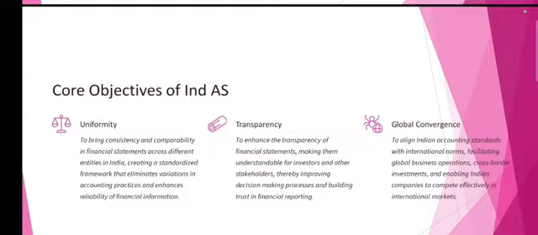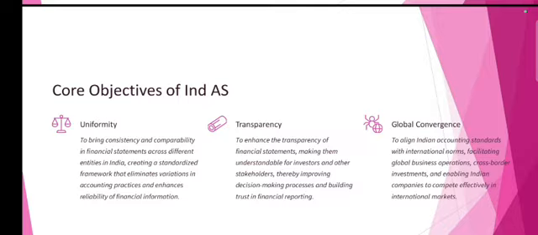The core objective of Ind AS is uniformity, transparency, and global convergence. What exactly does uniformity deal with? It ensures consistency, and it helps us to compare the financial statements of other companies.